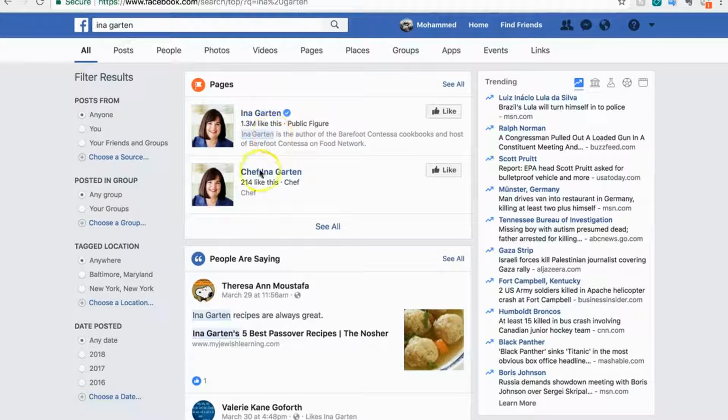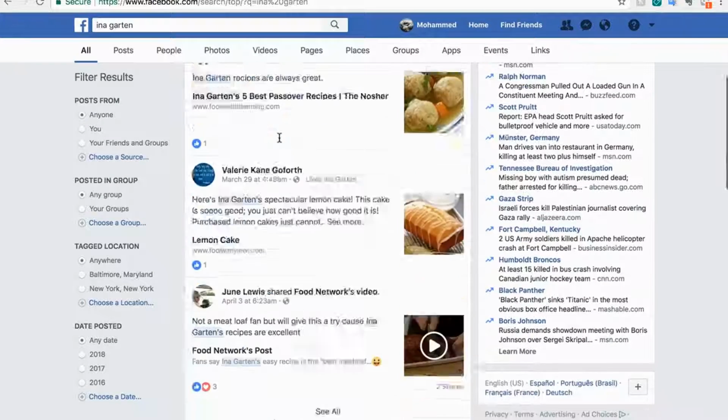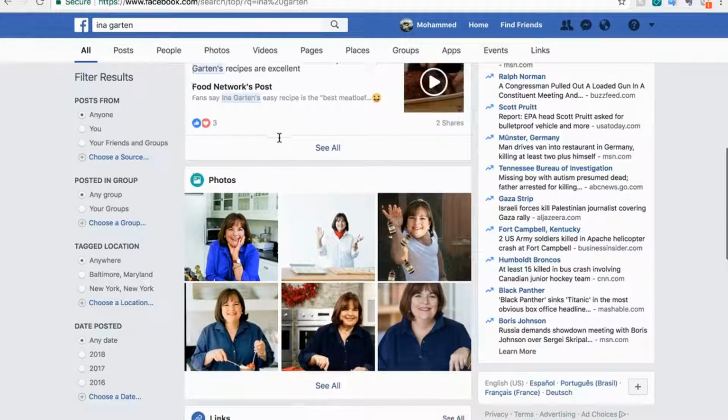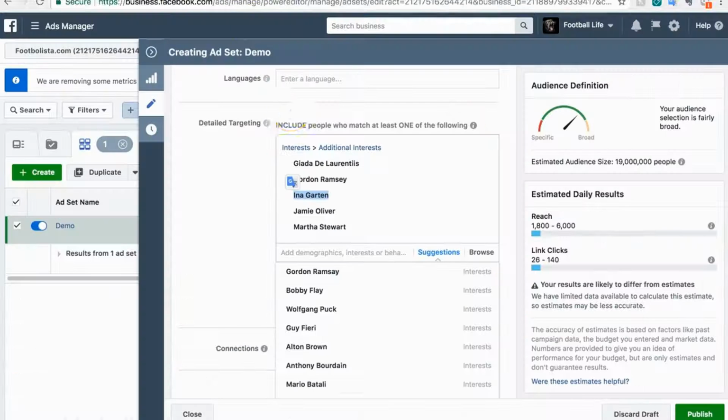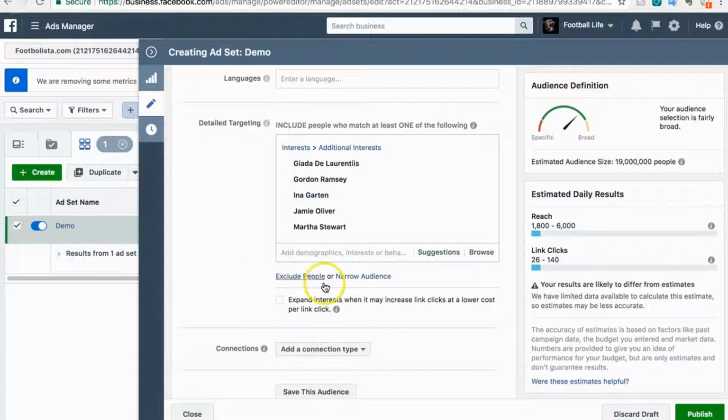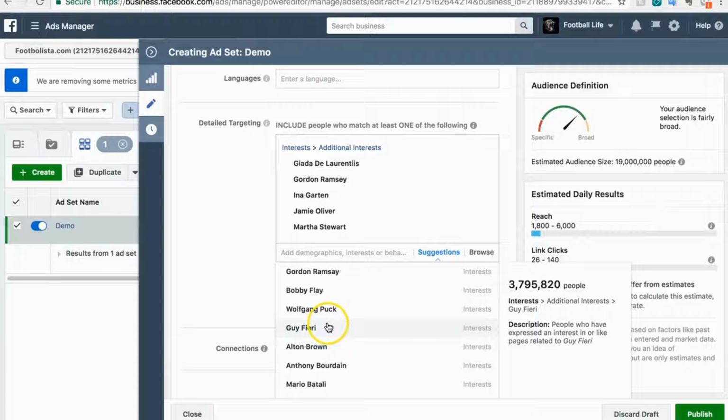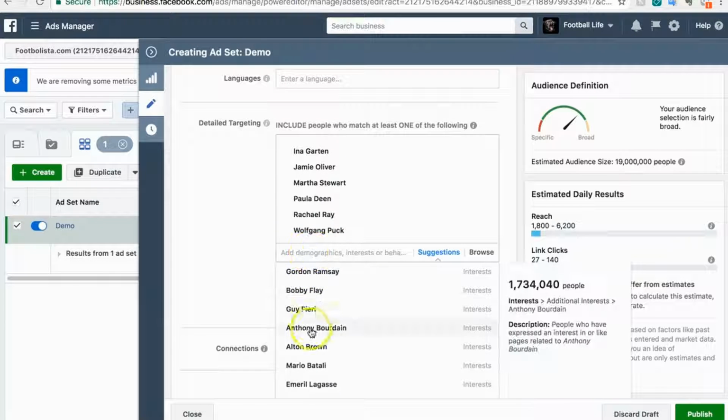So she is a chef, a public figure, an author, and part of TV too. She works for the Food Network, so we can just put her in there. I am about to do that. I know Wolfgang Puck is really famous for his food too.